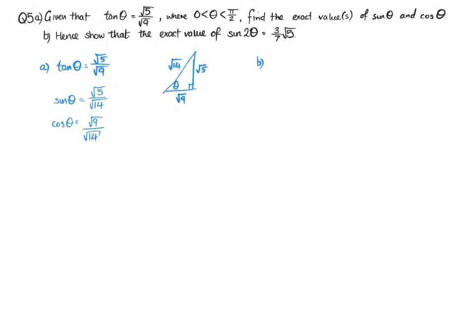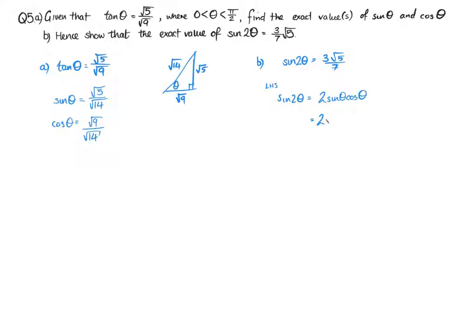So we need to show that sine 2 theta equals 3 root 5 over 7, just changing how we write it a wee bit. I tend not to write the fraction at the front personally, but there's no problem if you do. So looking at the left hand side, trying to make it the right, sine 2 theta is equal to 2 sine theta cos theta.